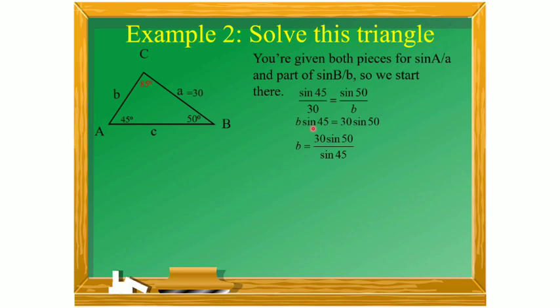Next, divide both sides by sine 45 degrees. So we will get B is equal to 30 times sine 50 all over sine 45.